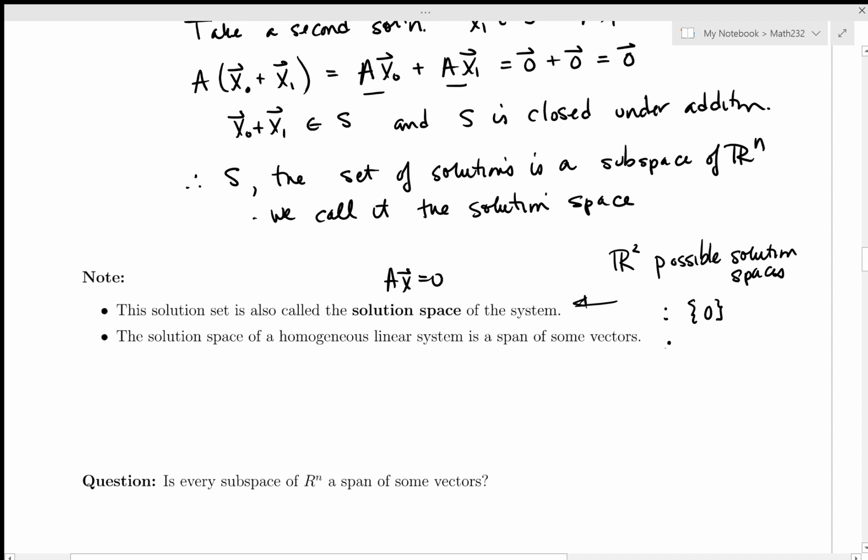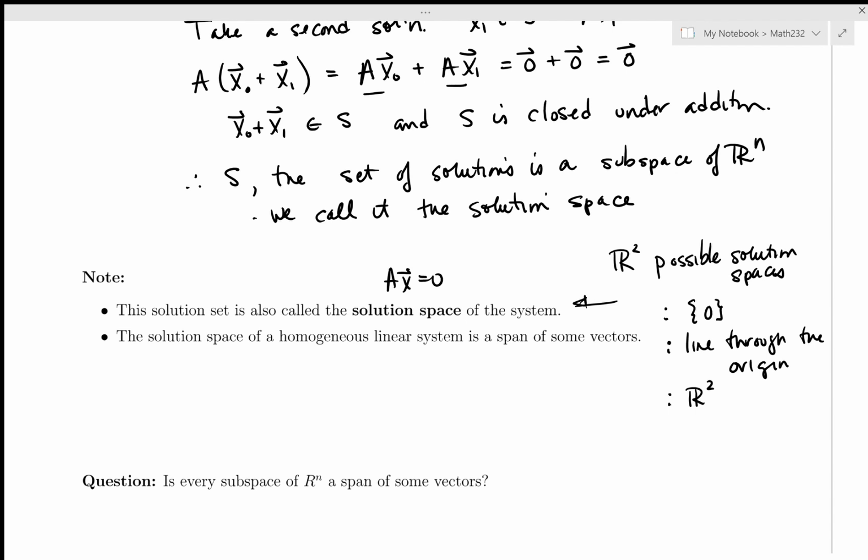There's the possibility of a line through the origin, that is the infinite number of solutions, and there is the possibility of the entire vector space R2.